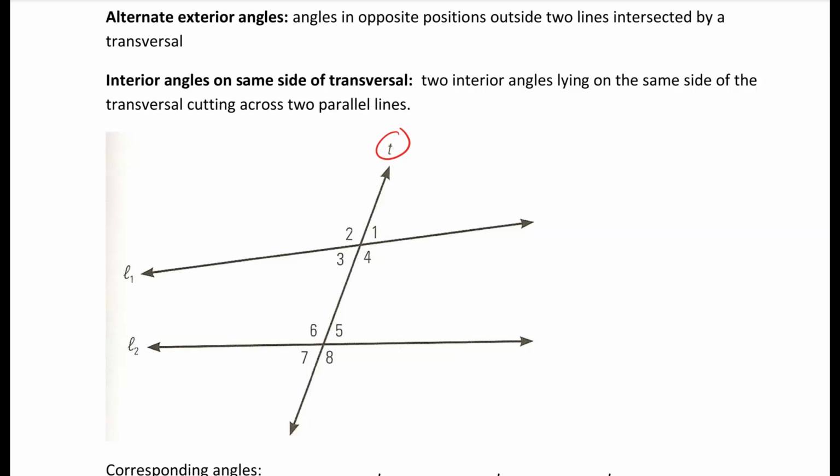Now we're looking for a corresponding angle, which is going to have angles that are relatively the same position. So if we think about angle 1 here, and we're looking for one that's in relatively the same position, we'd be looking at angle 5, which is in the relative same position. It's in the top right corner.